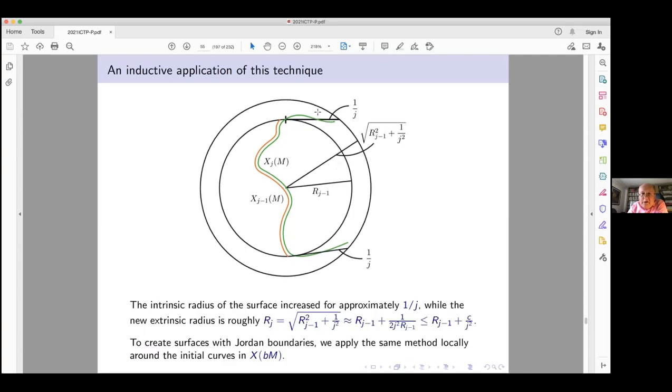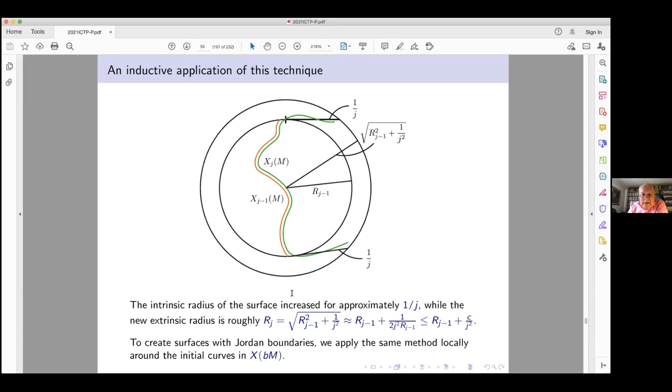In the next picture you see the exact calculation. If you push horizontally for this distance, and the extrinsic radius in the previous step was this number r_{j-1}, then in the next step, use the Pythagoras theorem and you will get this extrinsic radius. So you see that the increase is roughly 1/j squared.